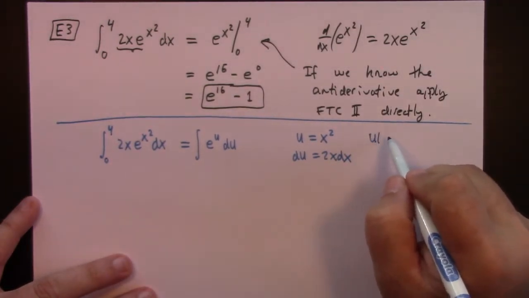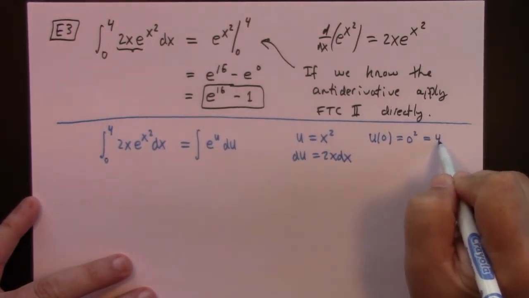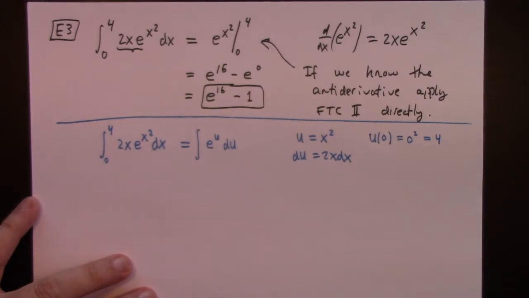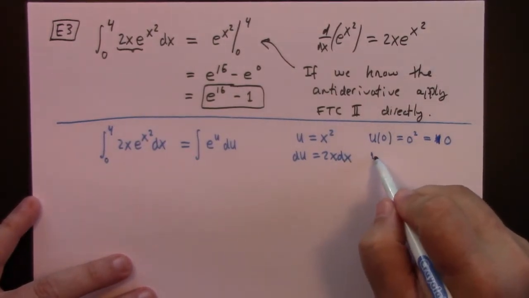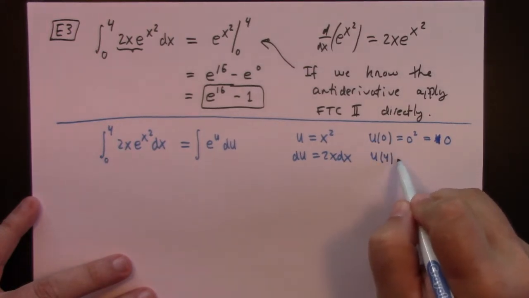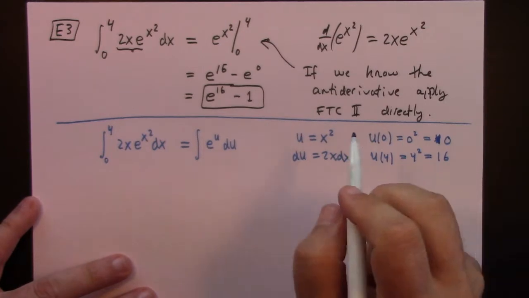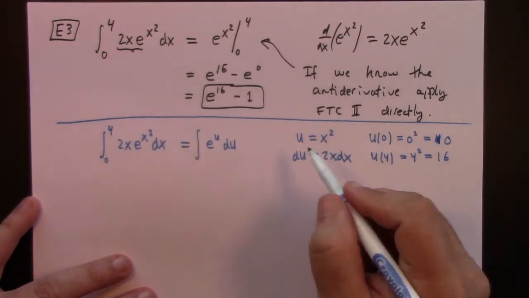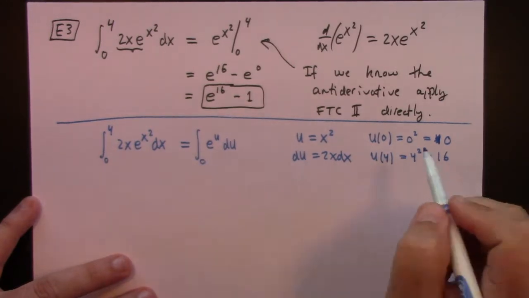U of 0 is equal to 0 squared, otherwise known as 0. U of 4 would be 4 squared, which is otherwise known as 16. So once I write this du here, it has to have u bounds. The u bounds are 0 and 16.